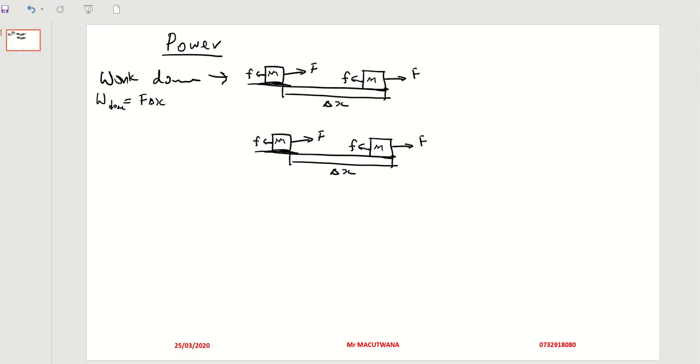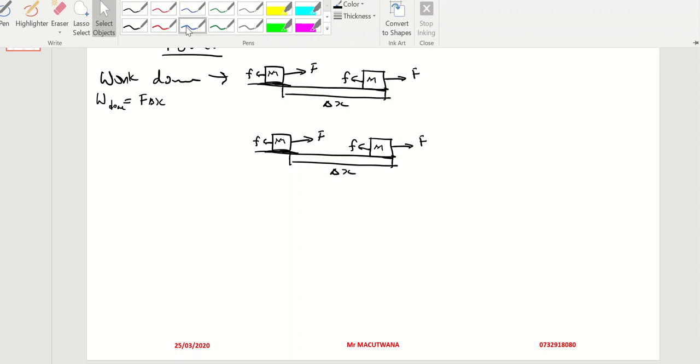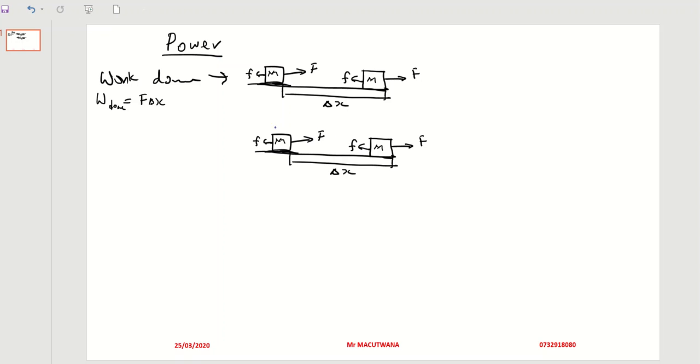Now if you decide to put another object on top of this object, all right, then definitely if we say okay, let us keep displacement the same. So what we are going to keep the same here is delta x, and we keep the force applied the same.